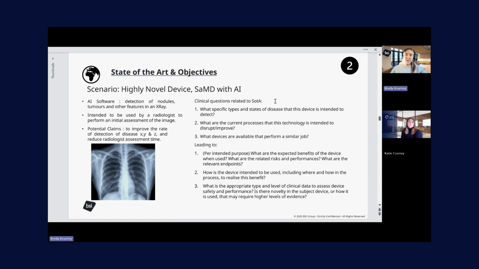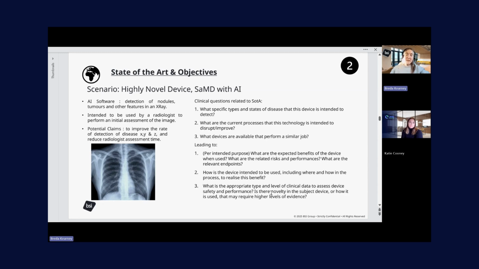From all of that analysis, I'll be able to determine what the benefits of the device are, what the related risks are, how I will measure performance, so how I will know it's working, what the relevant endpoints are, how it is going to be used, including where and how in the process to realize the benefit, and what type of data I need.